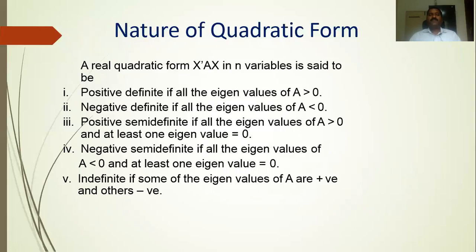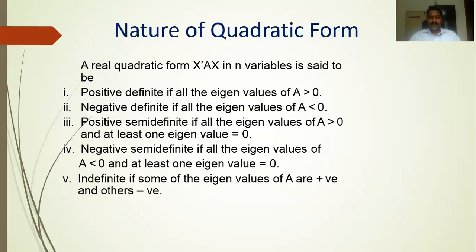And if at least one of the eigenvalues is equal to 0 and the remaining eigenvalues are less than 0, negative, then we say that it's negative semi-definite. Example, lambda equal to 0, -2, -3. One of the eigenvalues is 0 and the remaining are -2, -3.